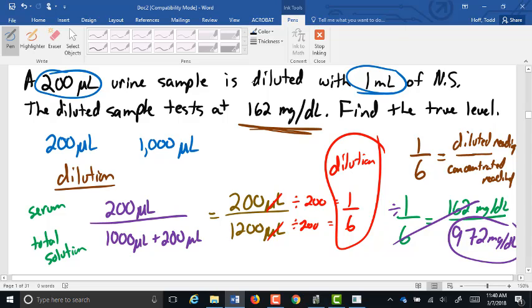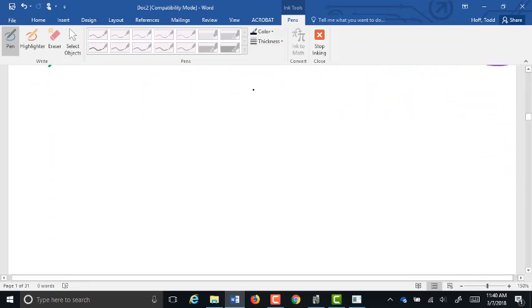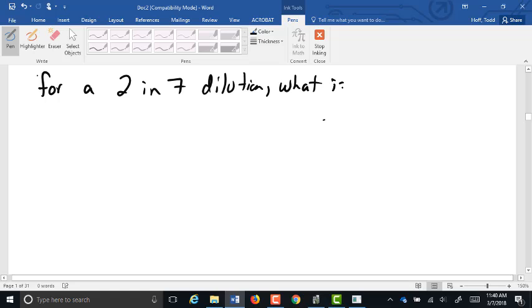Any questions on those dilutions for making readings like that? Okay. Now, another thing that I want to make sure we have clear is, for a 2 in 7 dilution, what is the ratio of serum to saline?